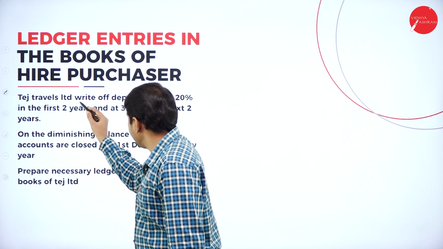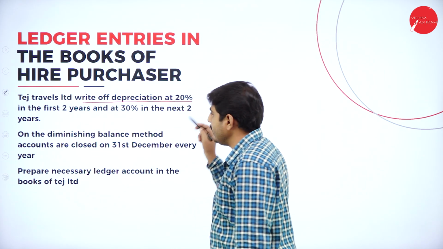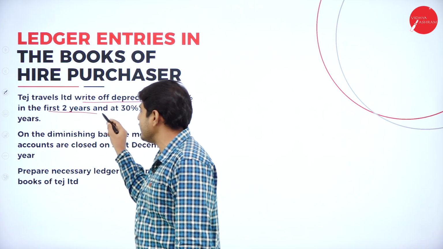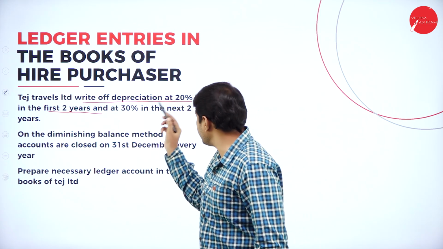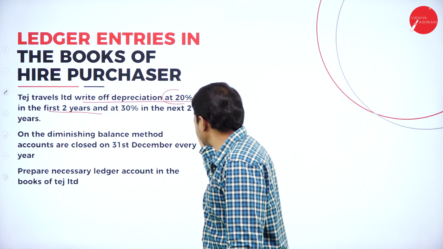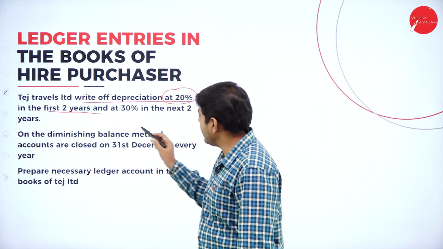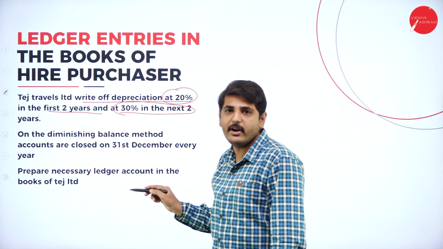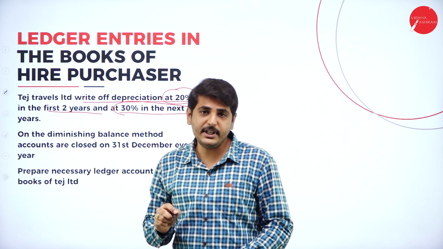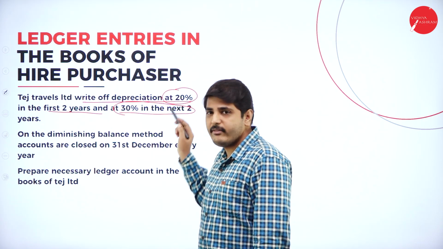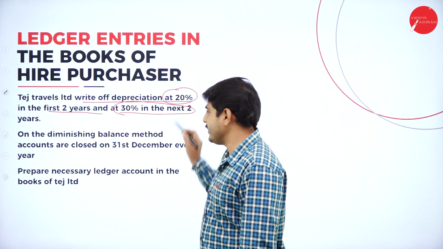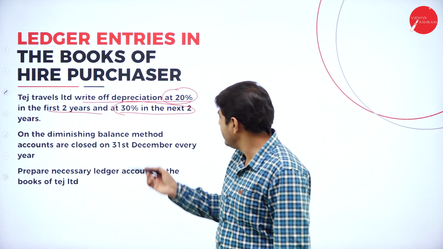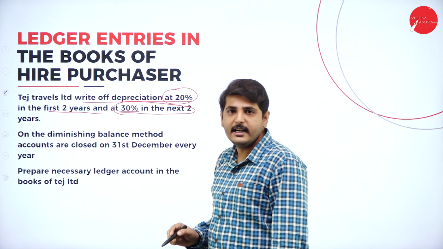Tej Travels Limited charges depreciation at 20% in the first 2 years. See, 4 equal installments he has given. That means we have to pay for 4 years. So for the first 2 years, what is the rate of depreciation? 20%. And for the next 2 years we have to charge 30% depreciation. For the first 2 years, we have to charge 20% depreciation. For the next 2 years, we have to charge 30% depreciation.